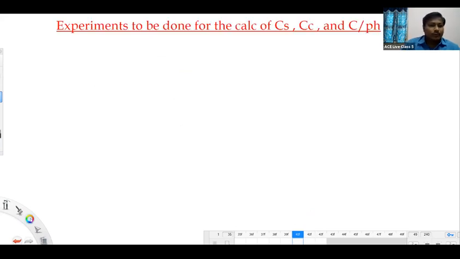Experiment number 1 to be done for the calculation of these capacitances.